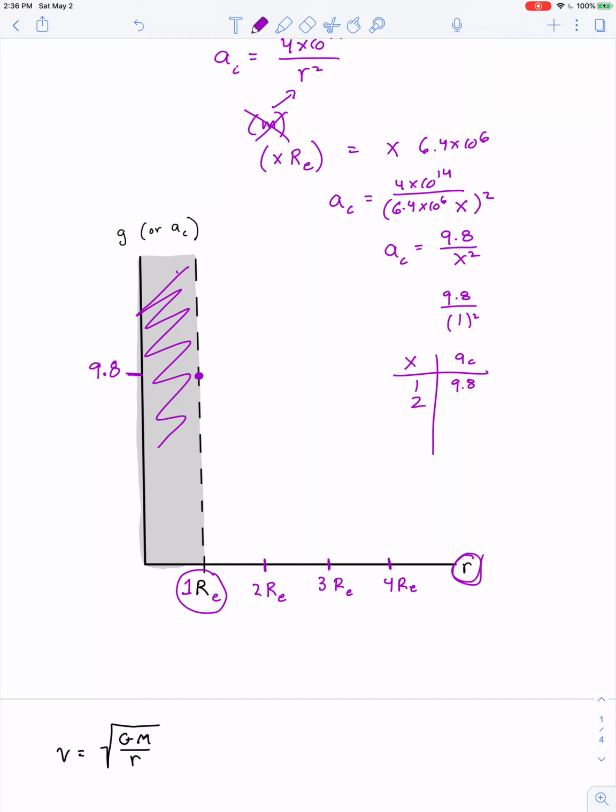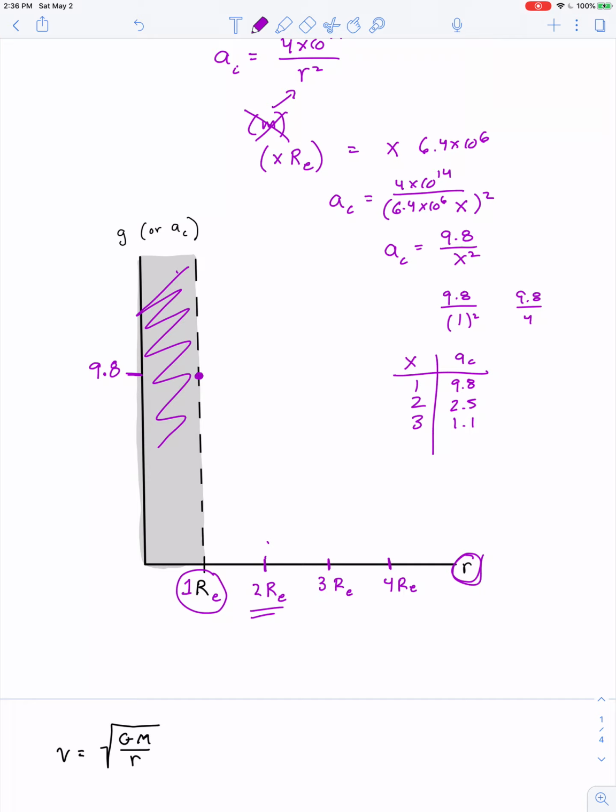For x equals 2, so for 2 Earth radii, we get 9.8 divided by 4, which gives us a value of about 2.5. When x equals 3, centripetal acceleration would be 1.1, and so on.